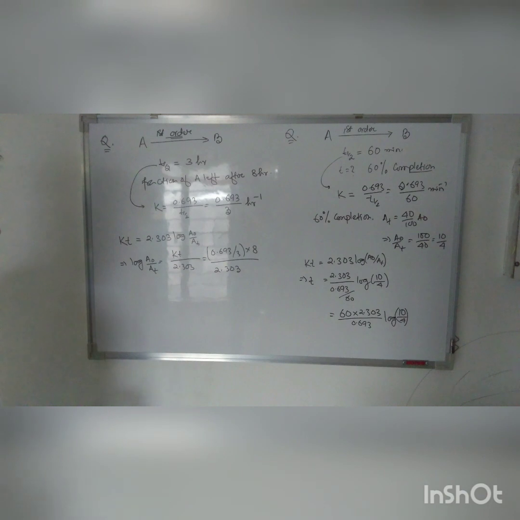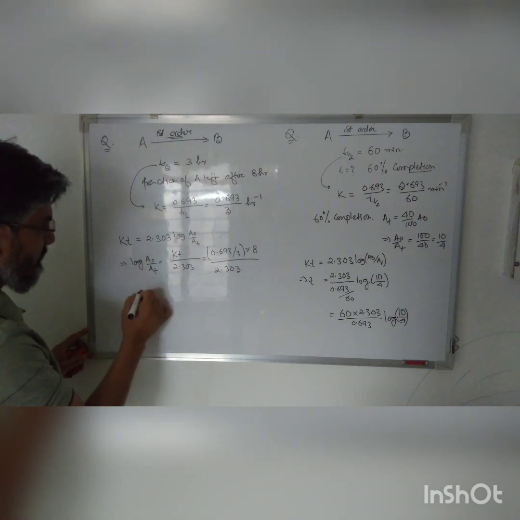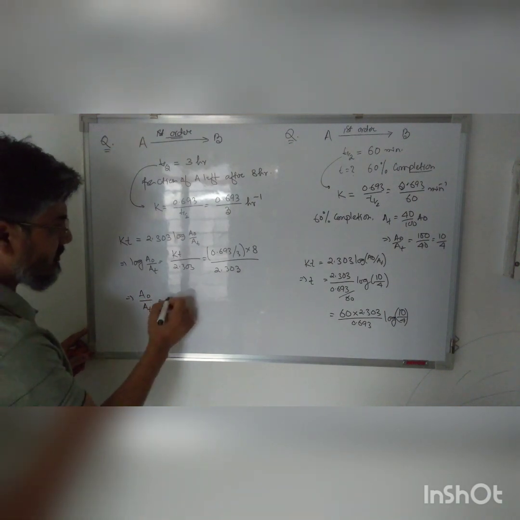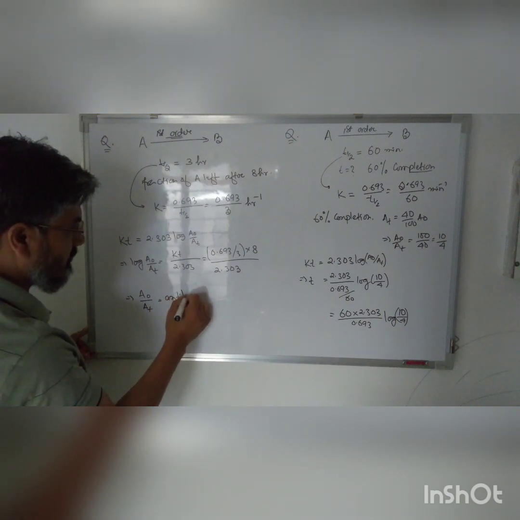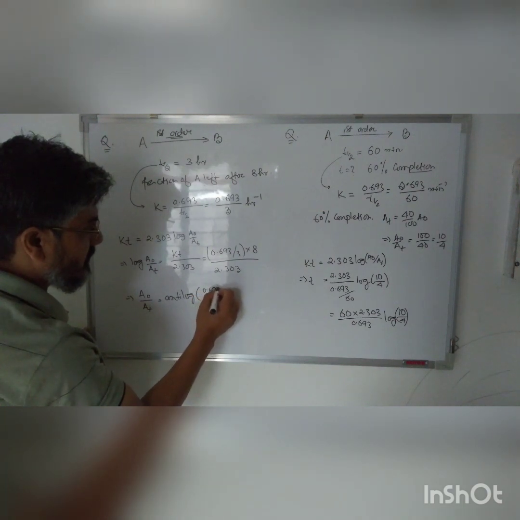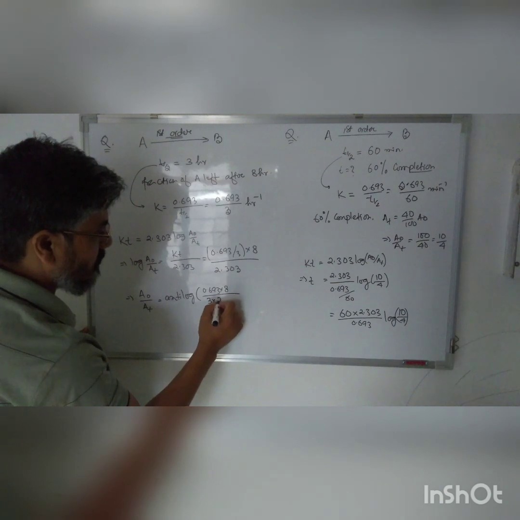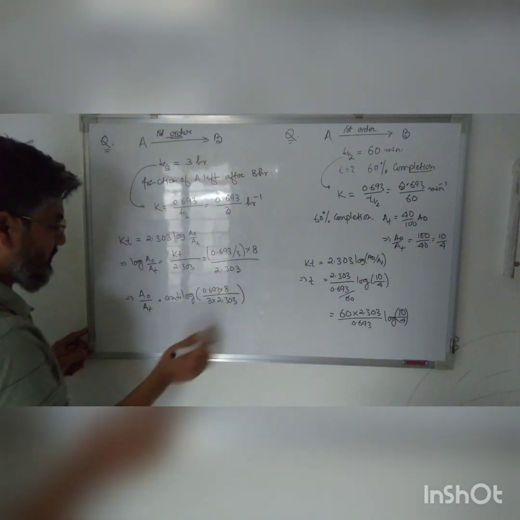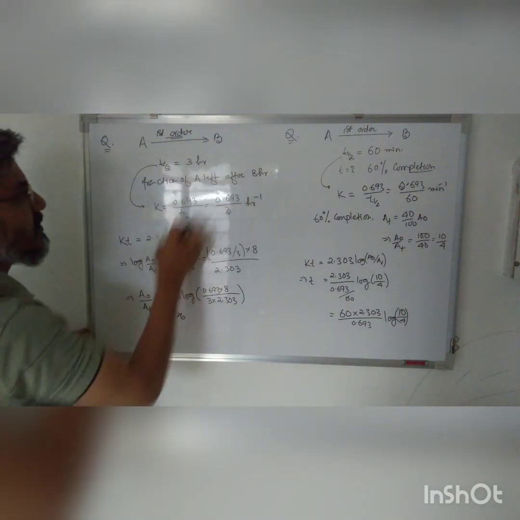This is 2.303. So therefore look at this, A naught by A is equal to antilog of this value, antilog of 0.693 into 8 divided by 3 into 2.303. So let's suppose this is some x value. Now we have to find the fraction of A left.